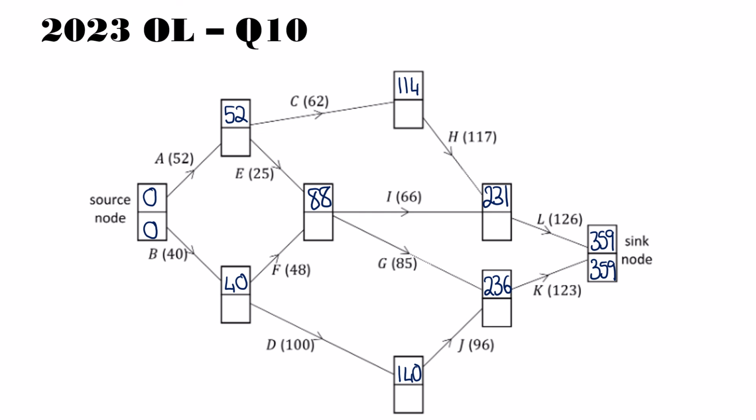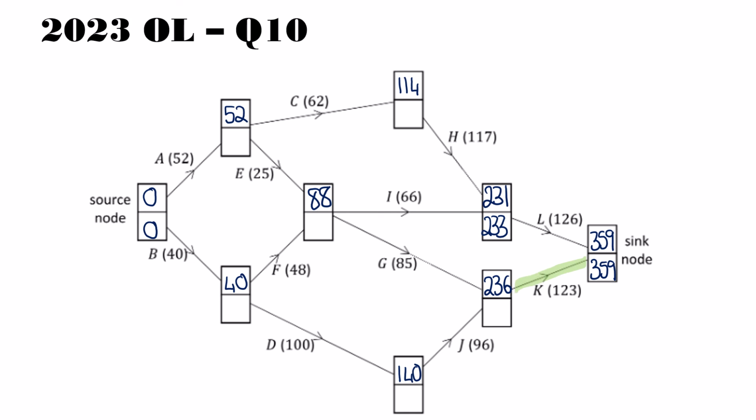So now what we're going to do is a backwards pass. Backwards pass basically means we're going to work back like this and, focusing on the bottom number, we have 359 minus 126, and that gives us 233. We only had one arrow into it, but coming out of it because we're working backwards.